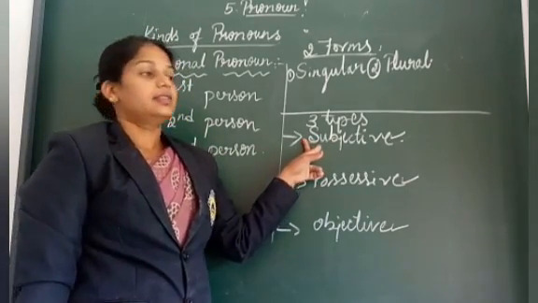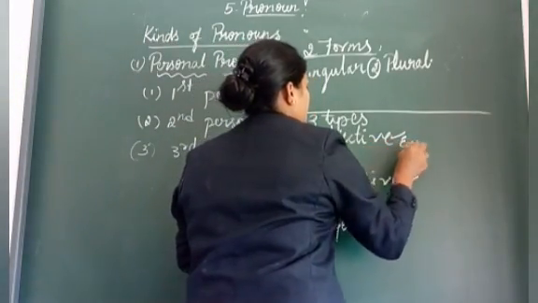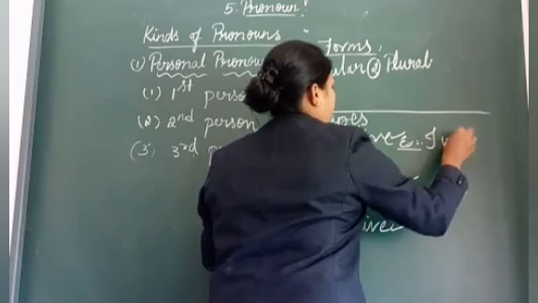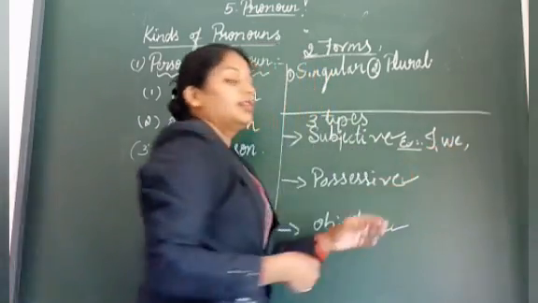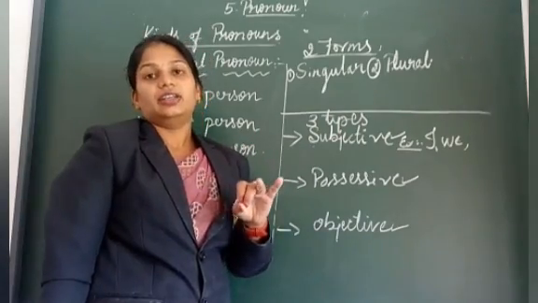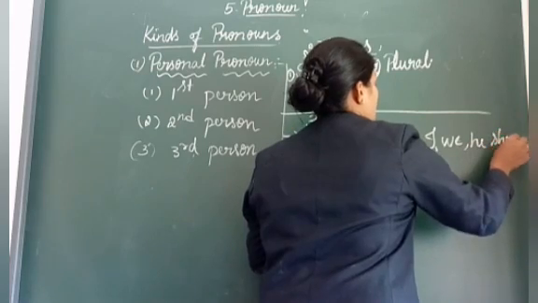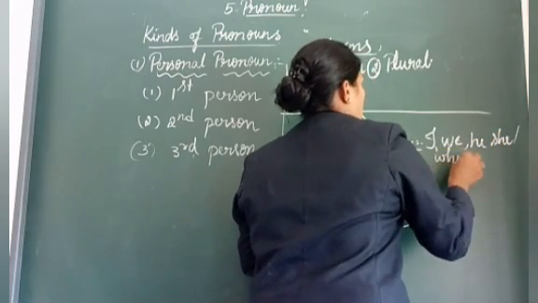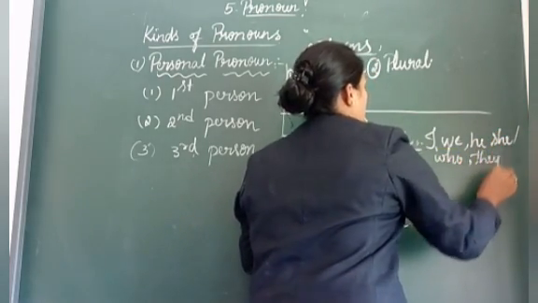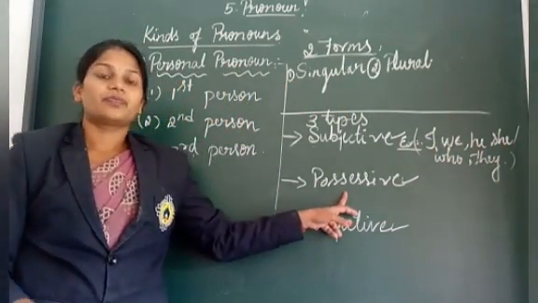For example, I, we, you, he, she, it, who, or they. So, these are subjective. Next, possessive.